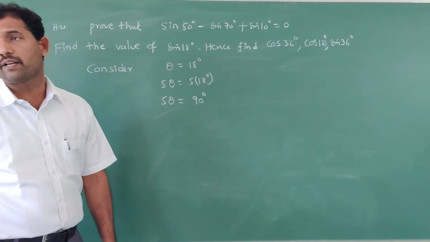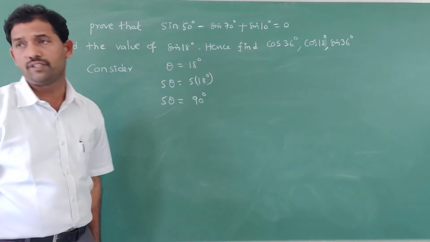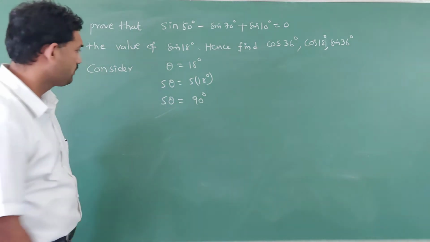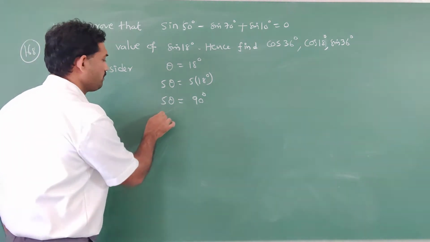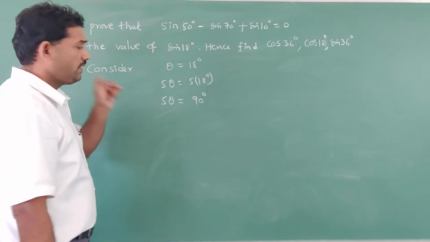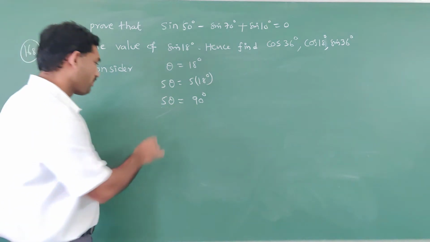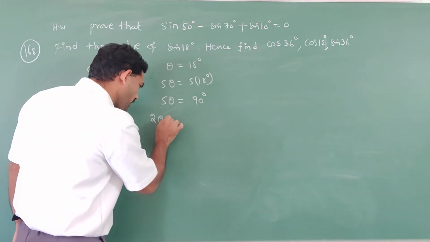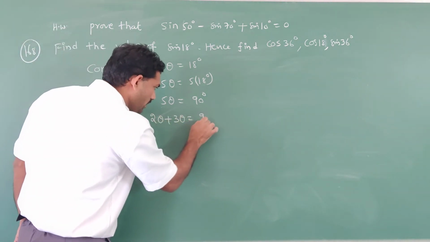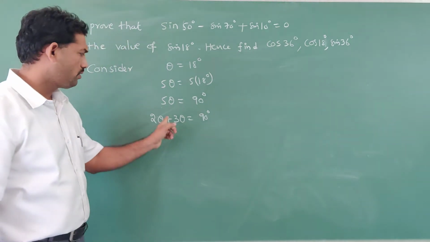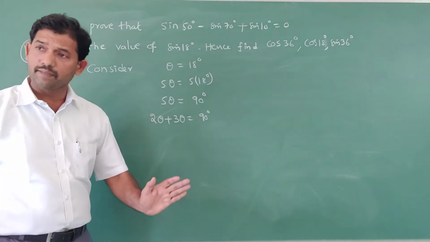Now we want to simplify sin 18. I write 5 theta as 2 theta plus 3 theta, equal to 90 degrees.